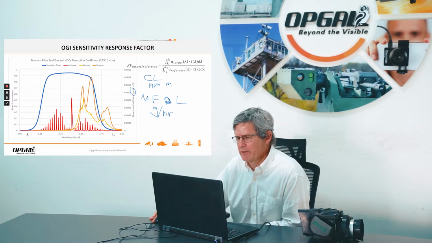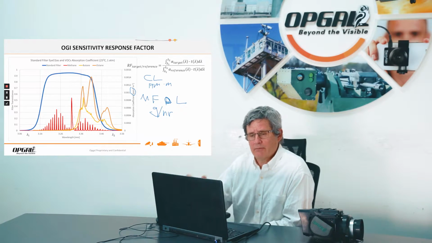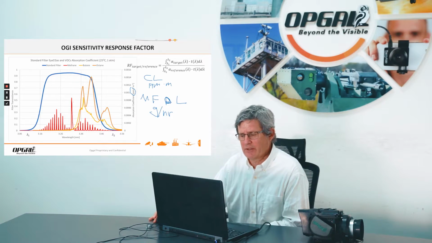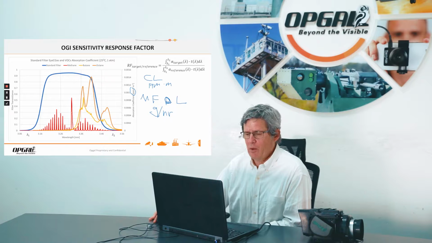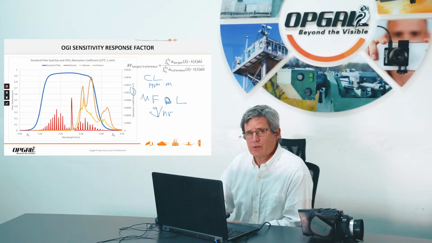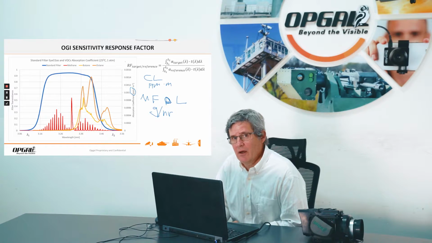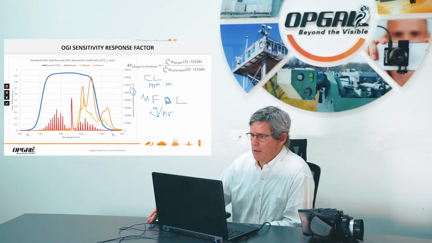If we do a controlled release for methane and determine the mass flow detection limit in grams per hour, we can then extrapolate to the other gases by calculating the response factor. We use the response factor only to calculate the sensitivity of specific gases on any of our OGI cameras.